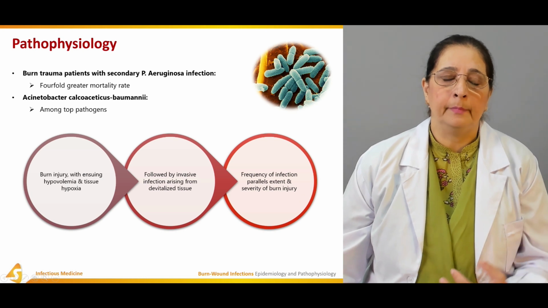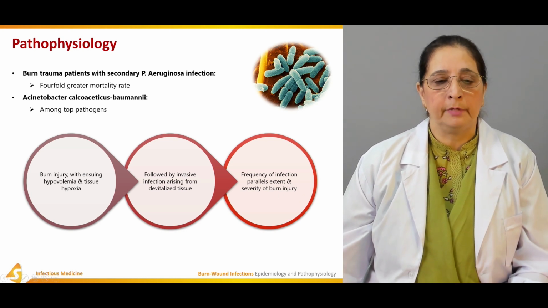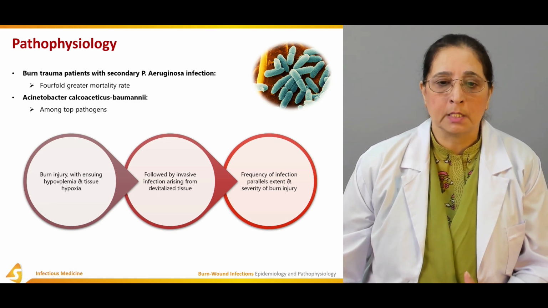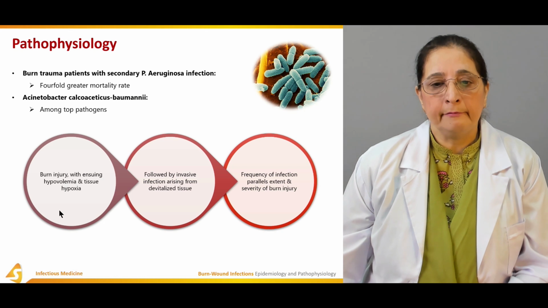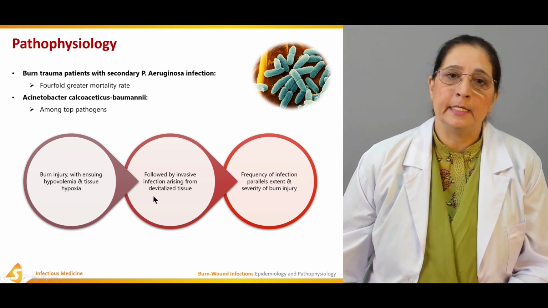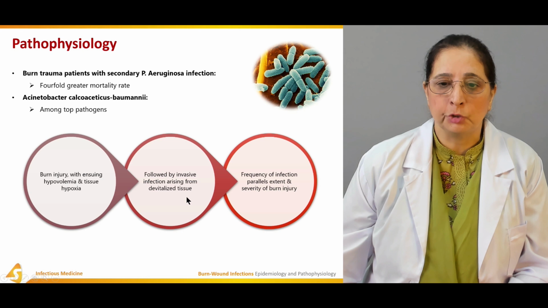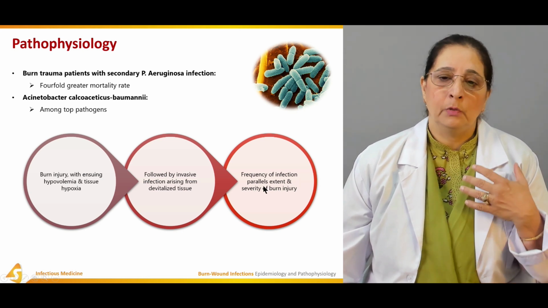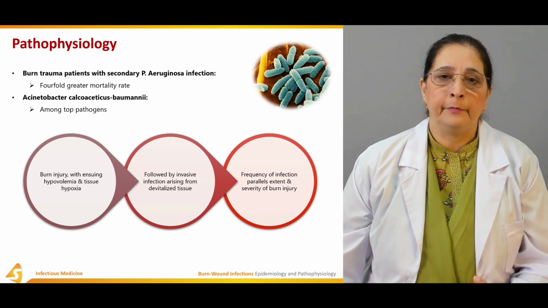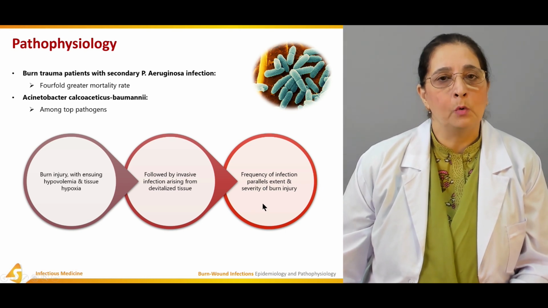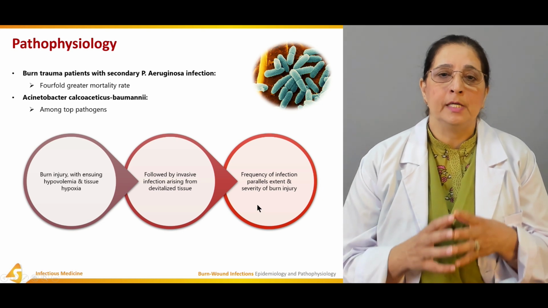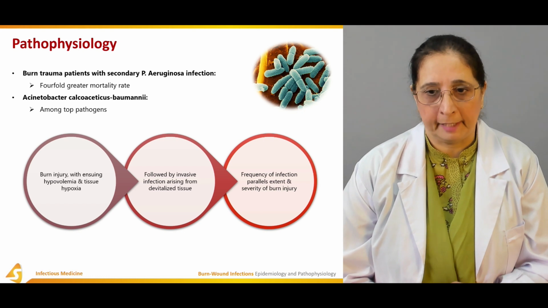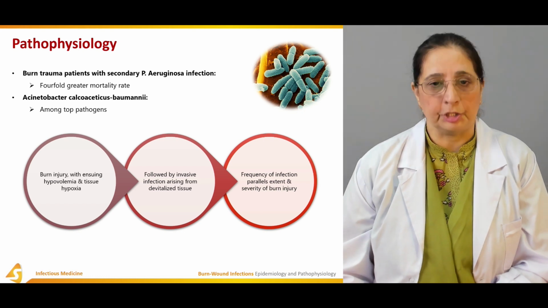So these are some factors associated with this infection. It causes hypovolemia, hypoxia, followed by invasive infection arising from devitalized tissue. So if the burn severity is more and the extent of burn is more, this is parallel: the more severe the burn, the higher the frequency of infection.